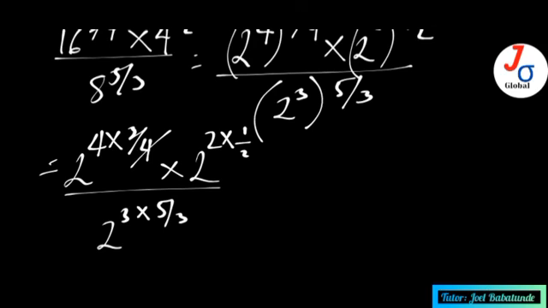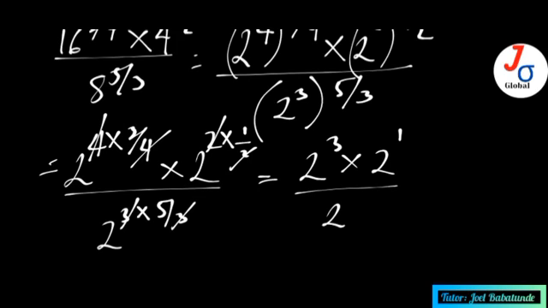So 4 cancels out 4, 2 cancels out 2, 3 cancels out 3. And so what I'm left with is 2 raised to the power of 3 multiplied by 2 raised to the power of 1 divided by 2 raised to the power of 5. Because both of them have the same base, I can add up the powers, and I have 2 raised to the power of 3 plus 1 over 2 raised to the power of 5.